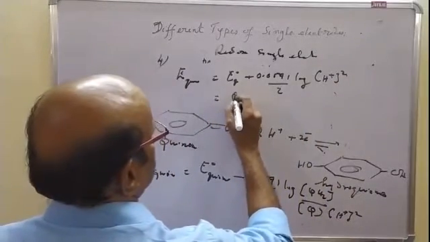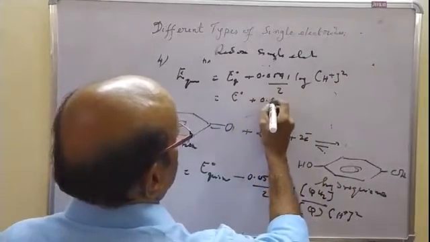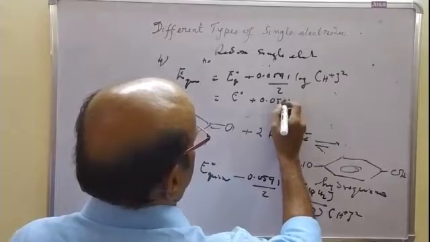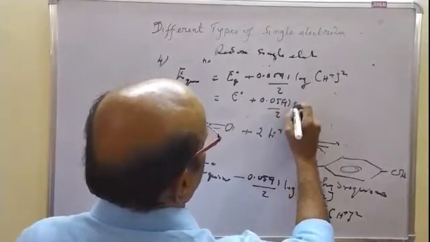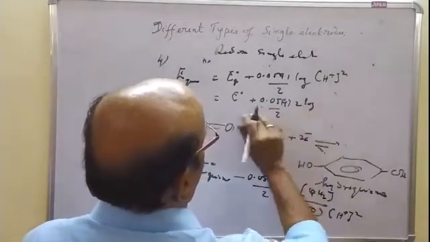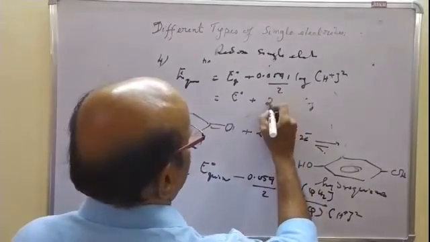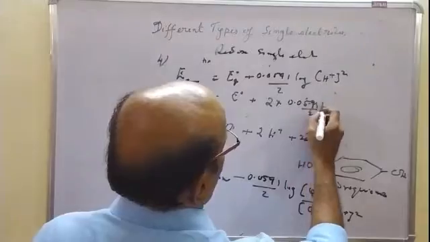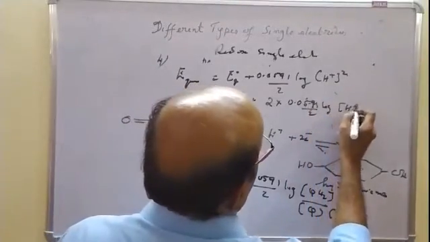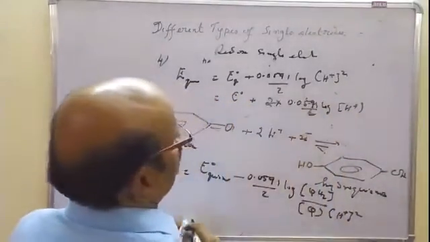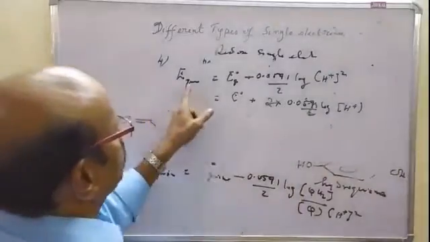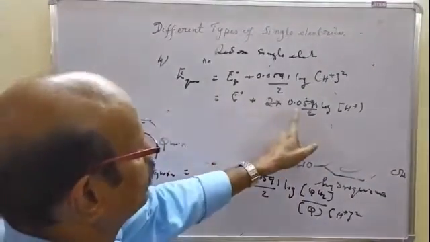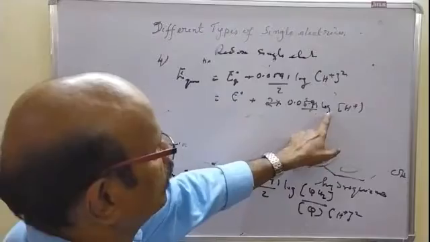That is equal to E0 plus 0.0591 by 2 into 2 log H plus. So the 2 cancels here. So we have the equation, E quinhydrone is equal to E0 quinhydrone plus 0.0591 log H plus.